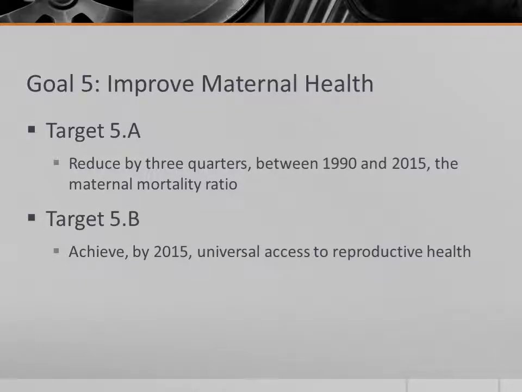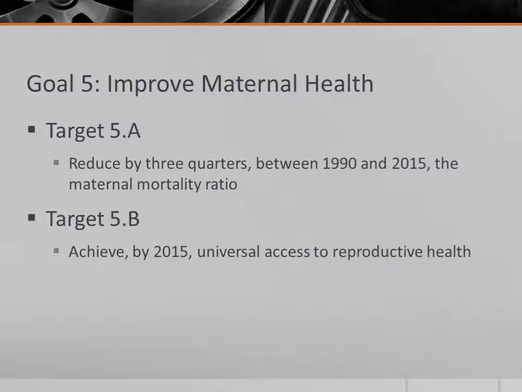Goal number 5 is to improve maternal health, so mothers giving birth. Target 5A was to reduce by 3/4 between 1990 and 2015 the maternal mortality ratio, so mothers dying during childbirth. And target 5B, achieved by 2015, universal access to reproductive health.